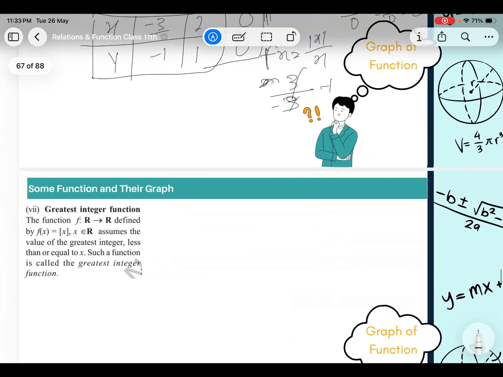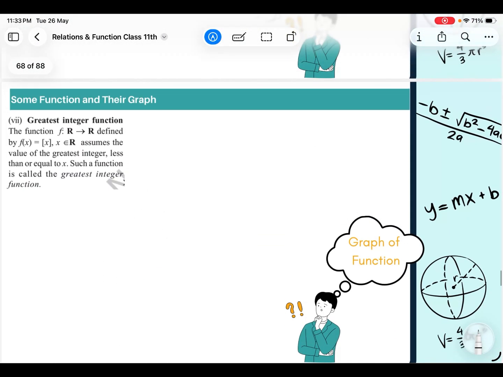Yeah, so very simple. Now let's move on to the seventh one, greatest integer function. This is also very interesting. Let's quickly read the definition. The function f from R to R is defined by f(x) equal to this. And you know how we read this symbol with x? Any of you, if you know how to read this, just pause this video for a while and think about it.